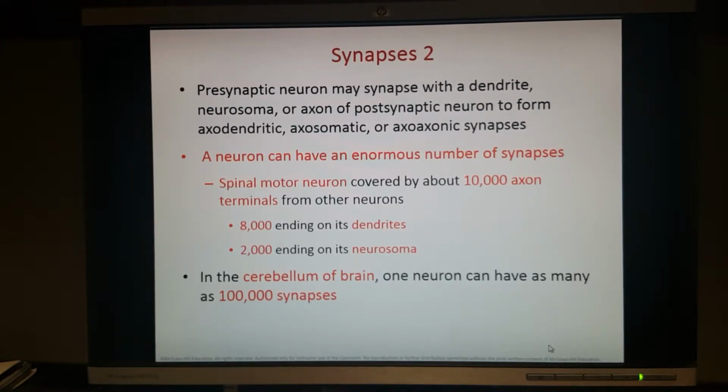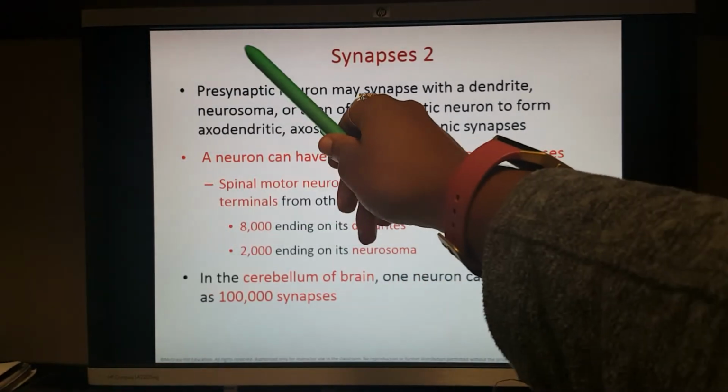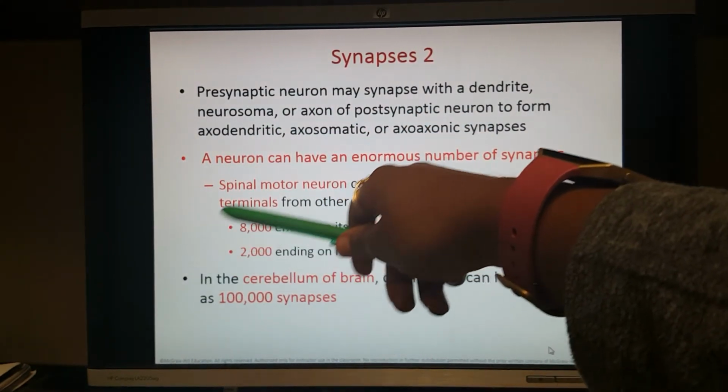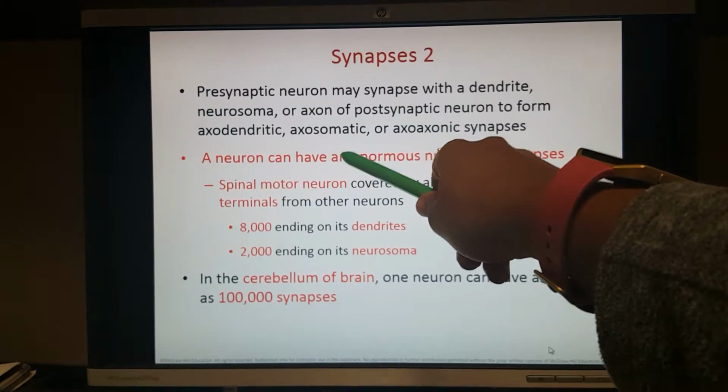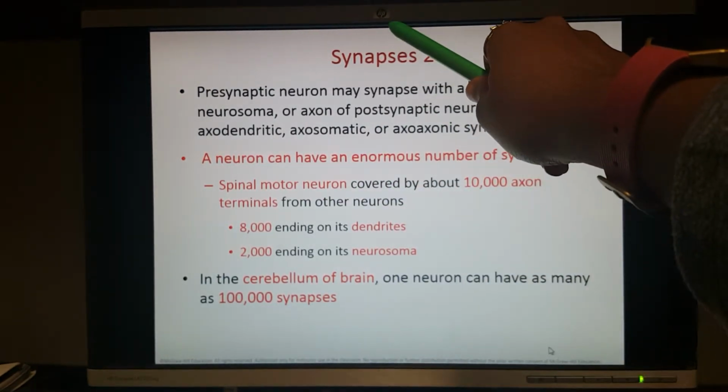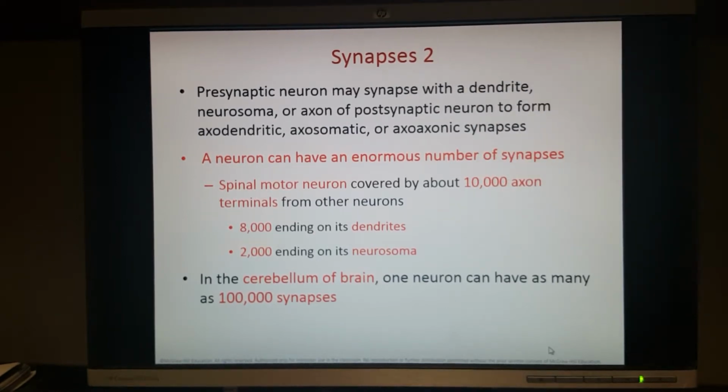If you're focusing on another neuron, it can synapse on different parts of the neuron: the dendrite, the neurosoma, the axon, or from an axon to another axon. So there are different locations for getting the signal. Mostly it's going to be in your dendrite region as well as your neurosoma region.